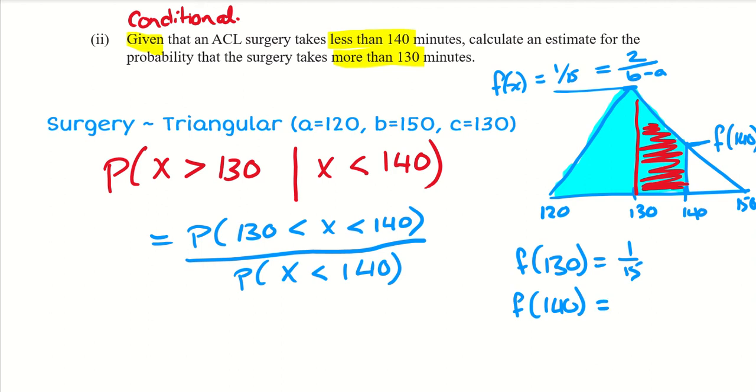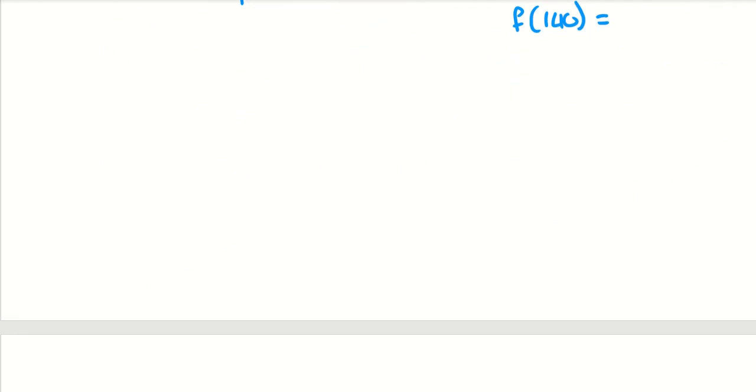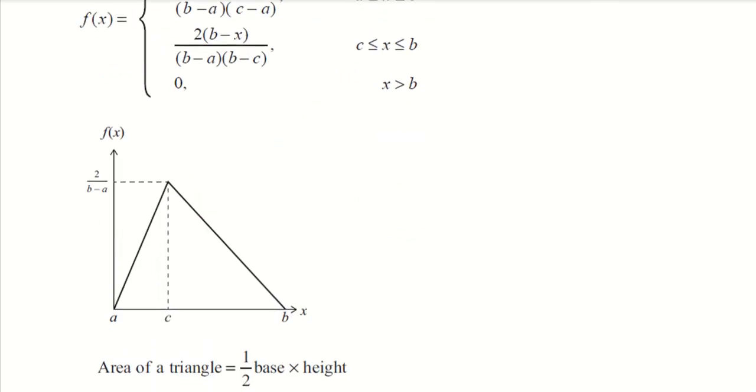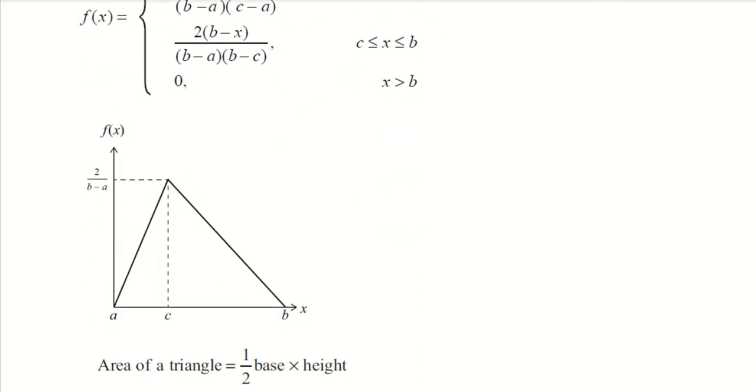Okay, so this is where I need to use my formulas. So these are the formulas from the formula sheet. And a reminder, we first have to identify, are we talking about something on the left-hand side of the triangle, or are we talking about something on the right-hand side? So do I want the value between A and C, or between C and B?